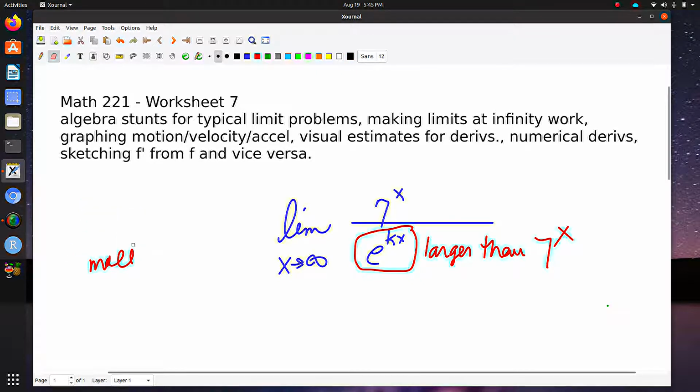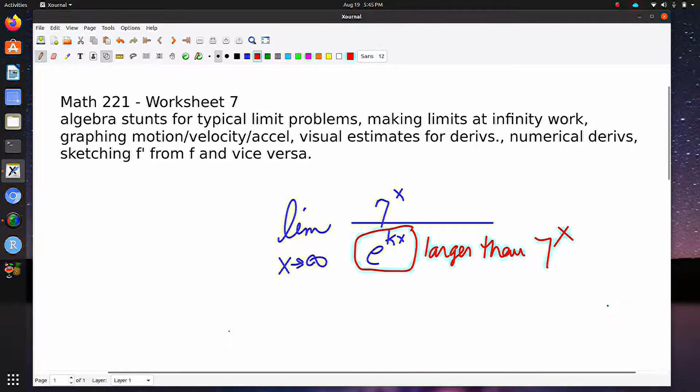If you have something that's essentially small over something that's large, this thing goes to 0. So what you're looking for is balance. You want the limit to be 1 or some kind of balance. It's not always 1, but you can think of it as being 1.